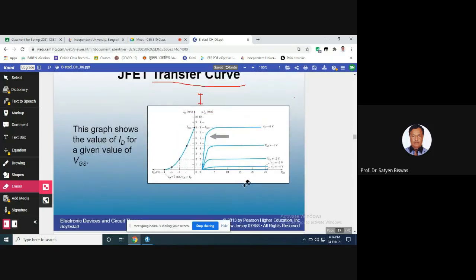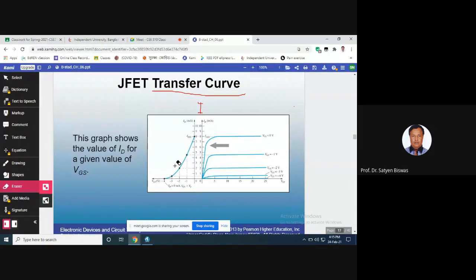For this course, sometimes we need a graph, and most of the time for solving a problem, we need graph paper. But I will supply it whenever you need it for a quiz or the final test. Let's say the right side is already there, and the left side, the transfer curve, is actually coming from this IV characteristic curve, from the right side.